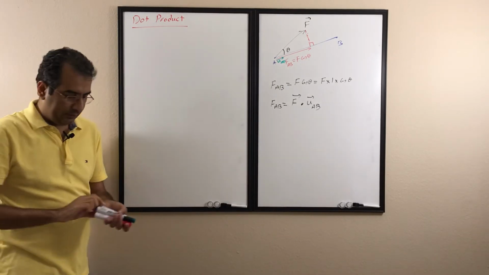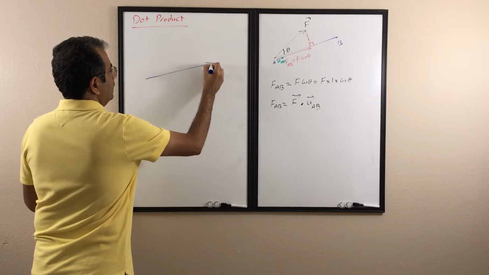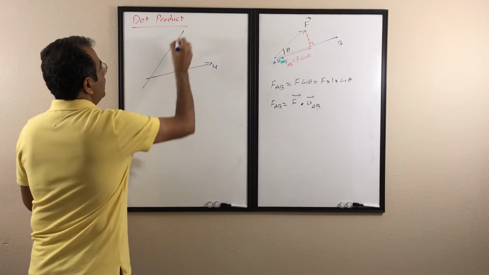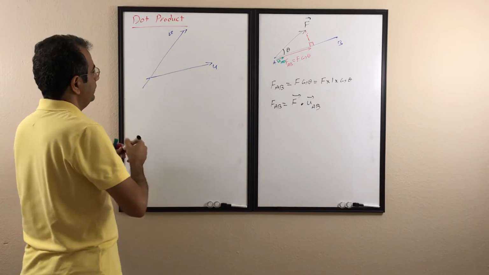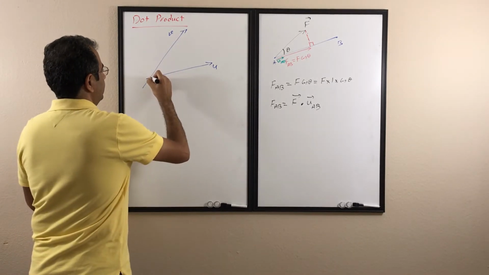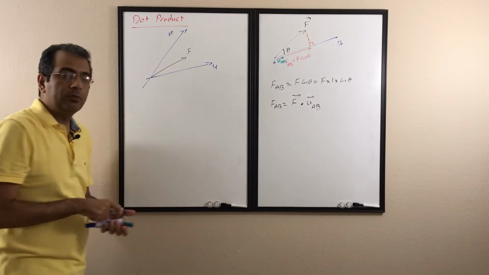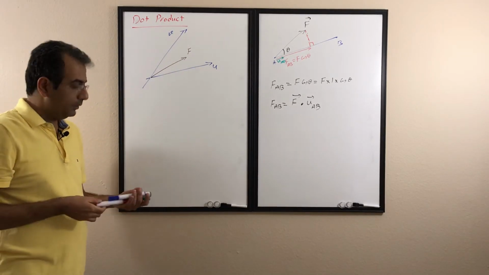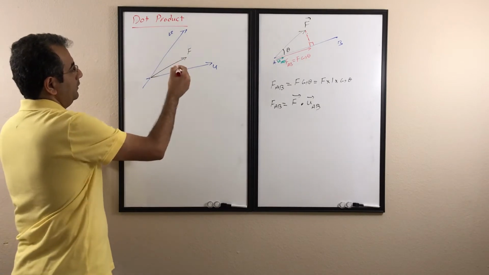If we have two axes, assume I have the two axes u and v, and then I have force F, and I want to find its component. To find the component, what we used to do is go parallel to each of the axes.